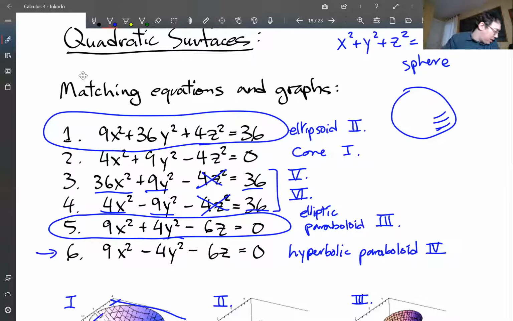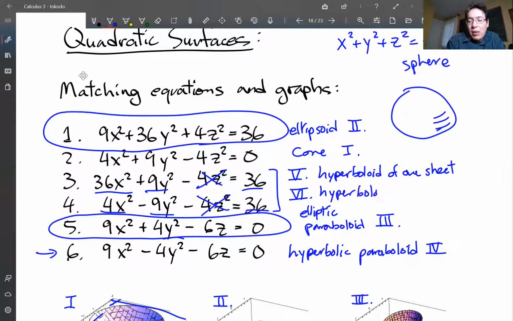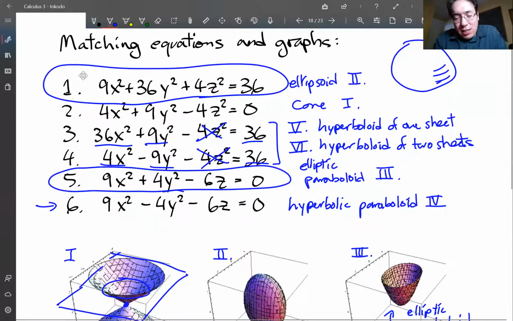And what are these graphs called? They're both called hyperboloids. But this is called a hyperboloid of one sheet, and this is called a hyperboloid of 2 sheets. And you might be wondering, hey, where's the hyperbola on picture 5?